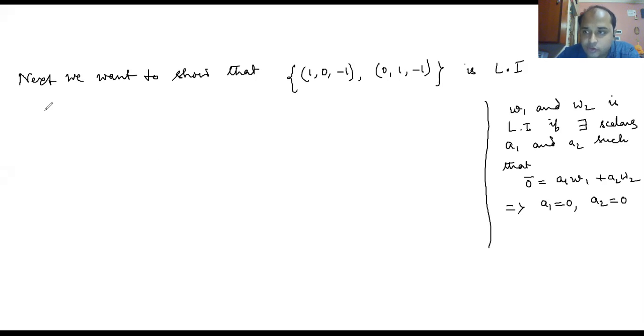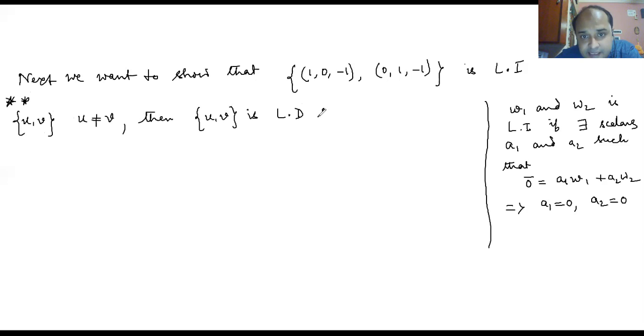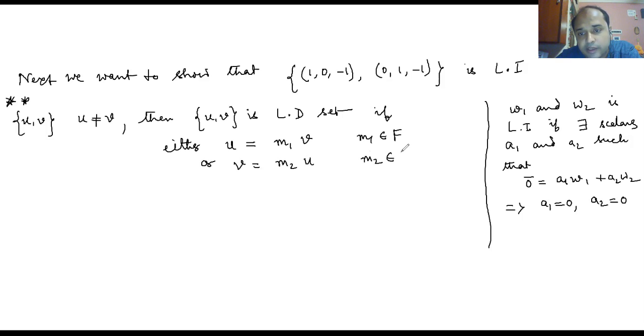Now, what is the result that I showed you? This result says that if you have two vectors u and v, and these two vectors are distinct, then {u, v} is a linearly dependent set if either u is some multiple m1 of v, m1 belonging to the field, or v is some multiple m2 of u, where m2 belongs to F also.